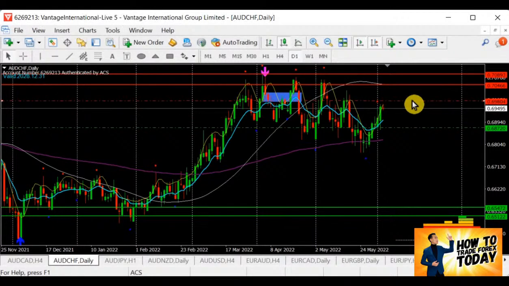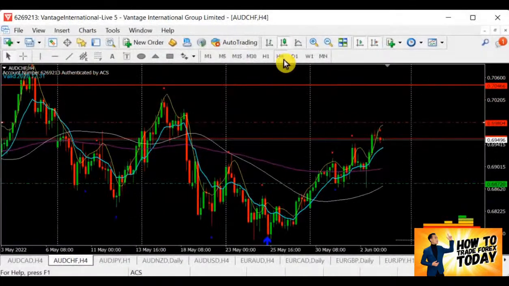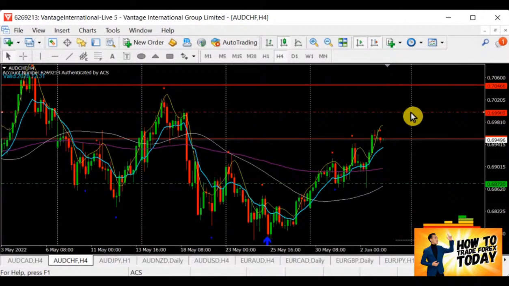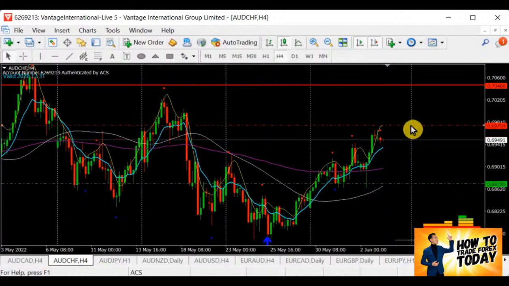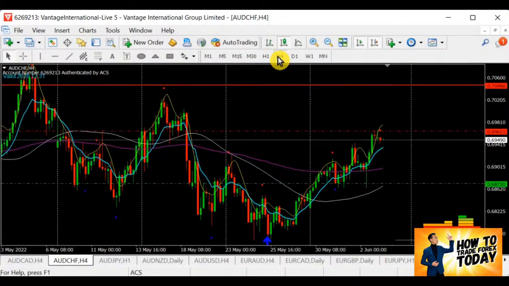Since we are looking for a bearish market, I would like to see this resistance tested, or this one, or one more here. That's being tested, and I'm waiting for a retest before I go for another selling.